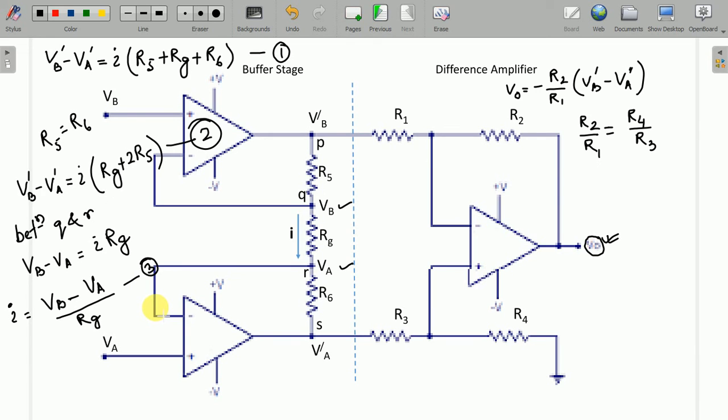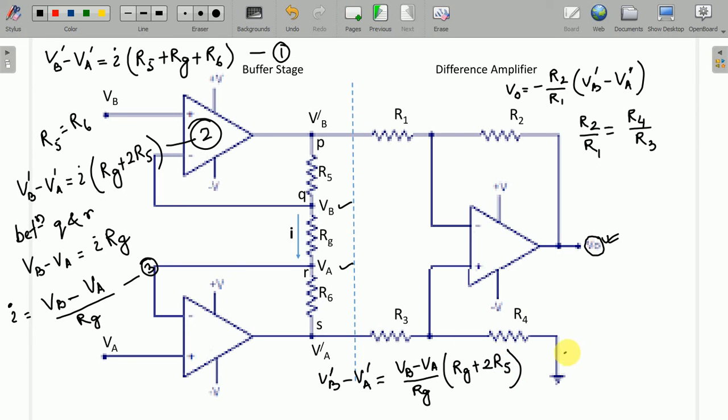Now, substituting this value in equation number 2, what we get is VB dash minus VA dash will be equal to VB minus VA by RG multiplied by RG plus 2R5.